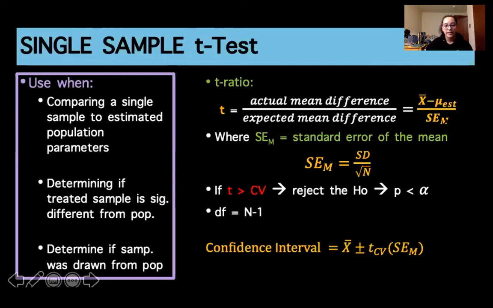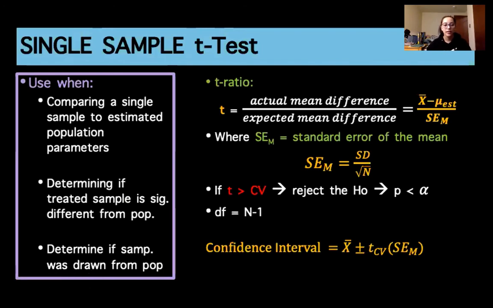Okay. SE sub m is our standard error of the mean. We've seen this before. And that's just the standard deviation divided by the square root of the sample size. Okay, so we could calculate this if we know these two values. And we can calculate the numerator, obviously, because we have those bits of information. That gives us a t statistic, which we can then compare to our t table.